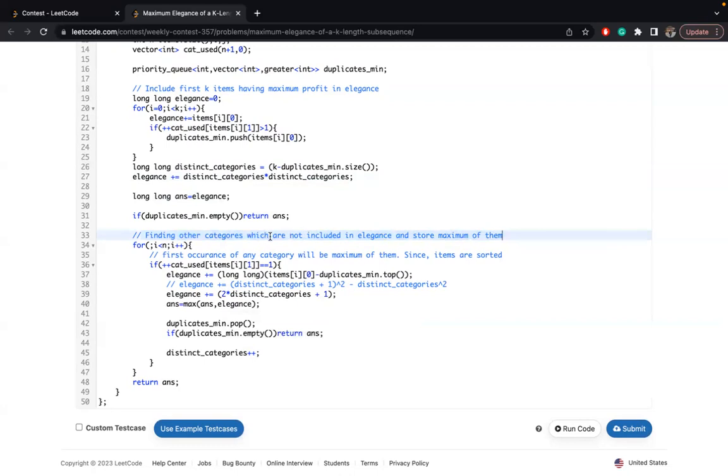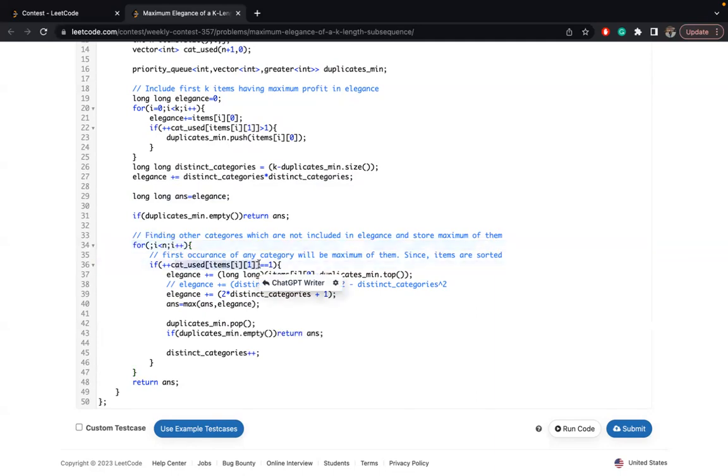Since I have shown you in the diagram as well, we will be finding the maximum of not used categories. Then we have to find the first occurrence, like for every item, we have to find out if that item has been used for the first time, that it has not been used earlier.